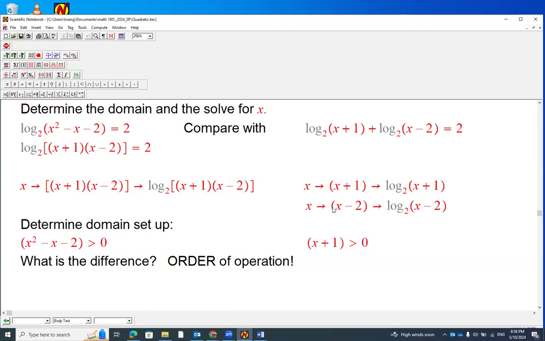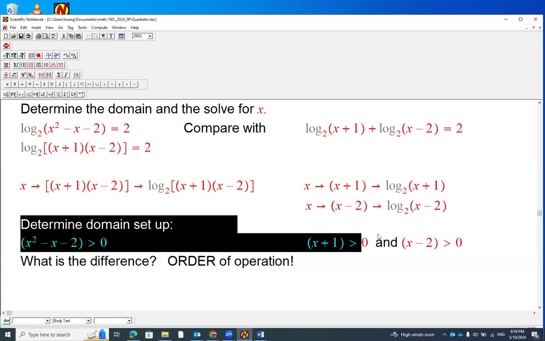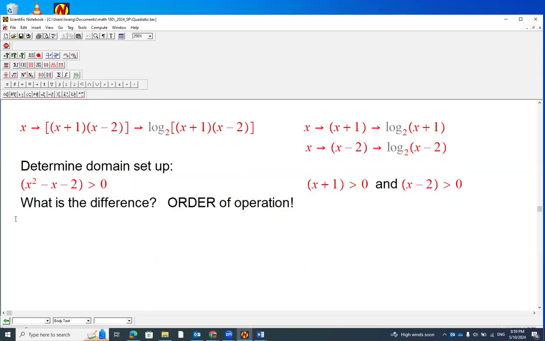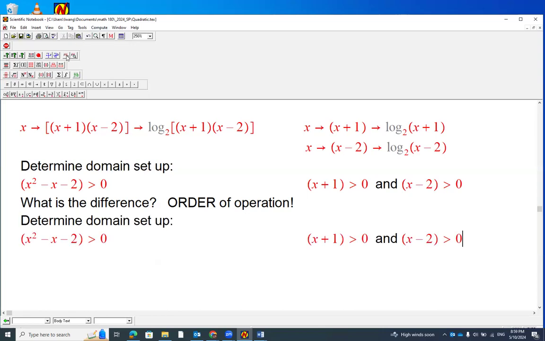Okay, and we also have to guarantee, listen to the word, that the latter has to be positive. All right, so now let's look at the difference in domain determination, because when I was grading the quiz I found there's a tremendous confusion in the setup.